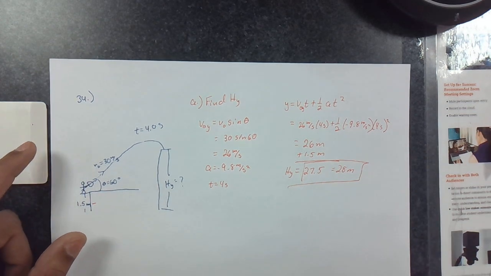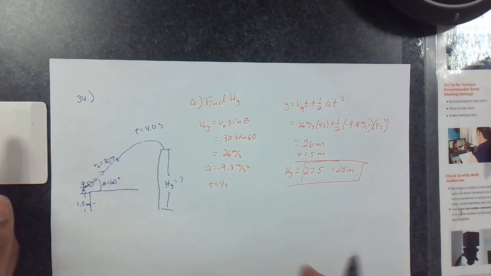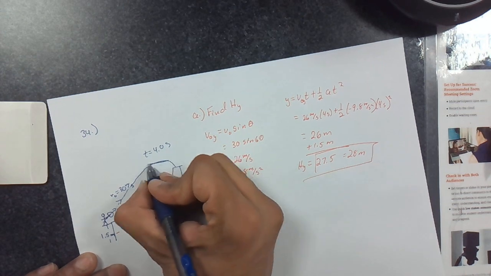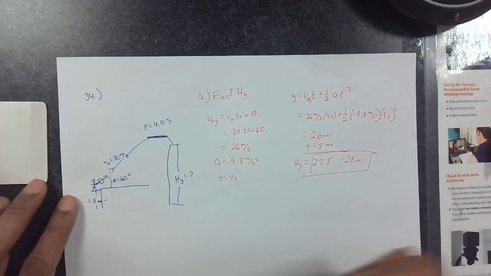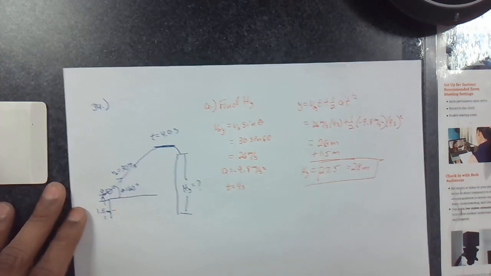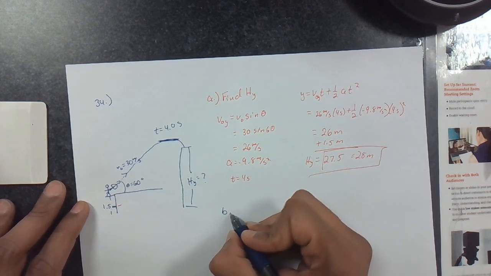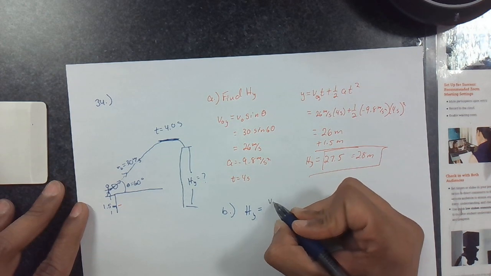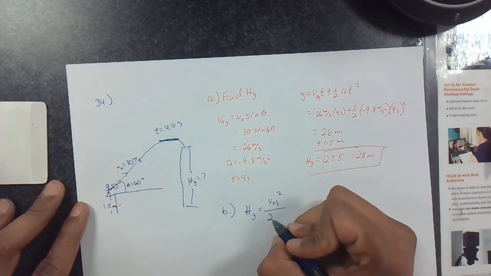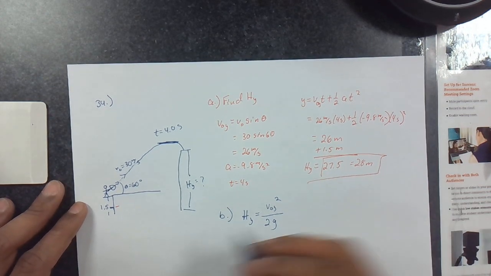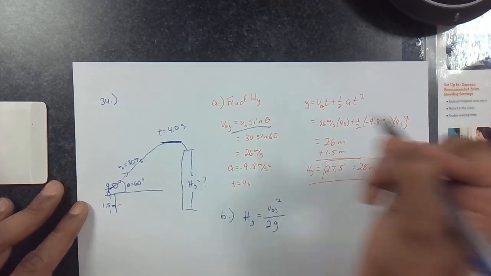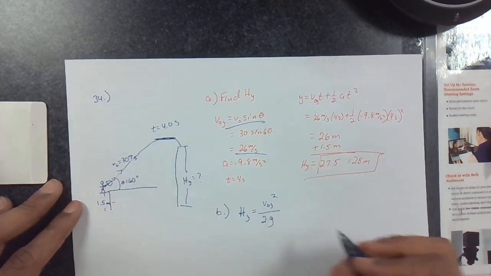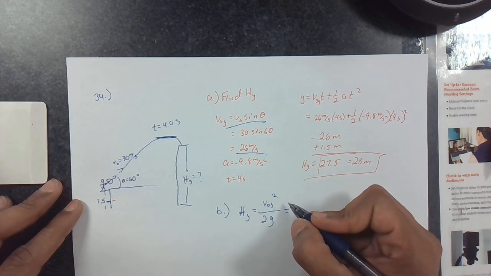And then for part B, we want to know the highest point along its trajectory. So that would be right there. To find that, we simply use our equation. Part B, hy equals v naught y squared over 2g. Simple enough. Just plug in our v naught y and our g. Remember, g is positive in this case.